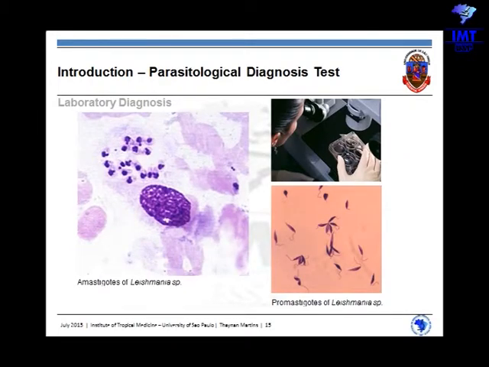Here we can see a stained slide with amastigote forms inside the macrophage, the oval forms, and here we can see the promastigote forms, the elongated form of Leishmania.